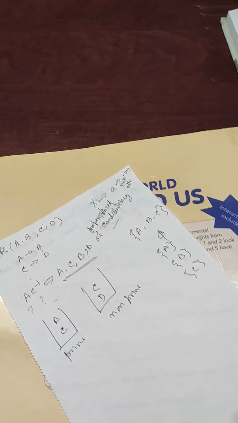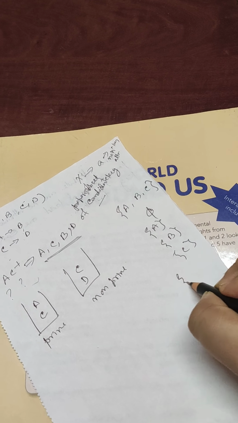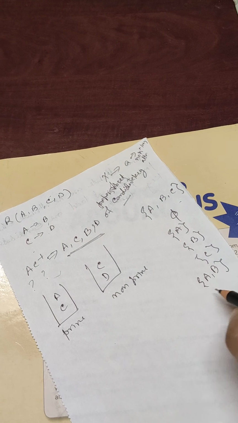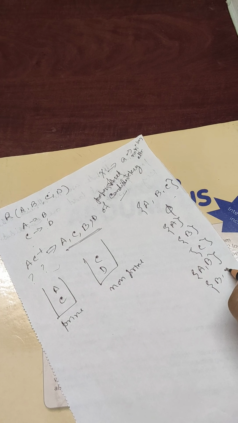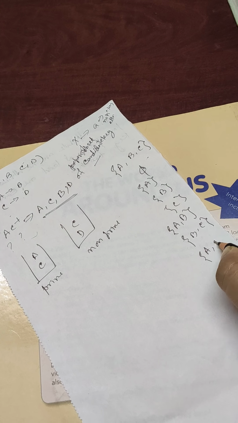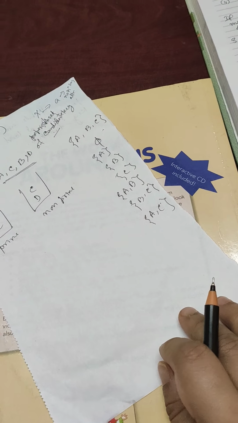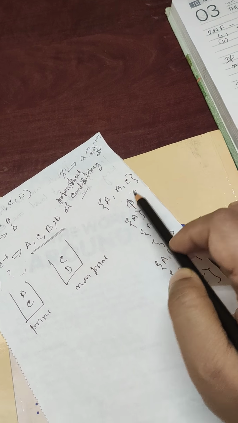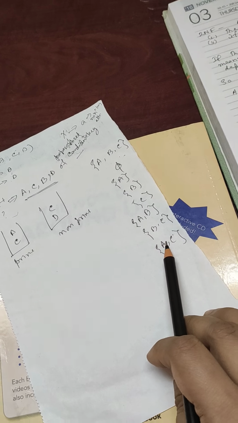Null will be a proper subset, A, B, C will be proper subsets, A,B will be a proper subset, B,C will be a proper subset, A,C will be a proper subset. So any set other than the full set is a proper subset.